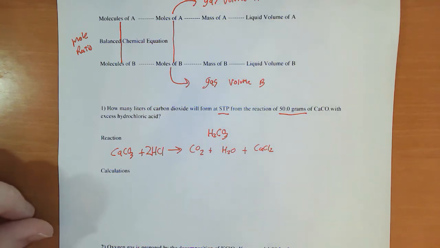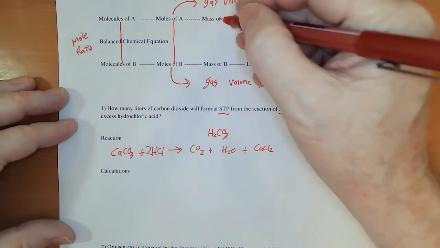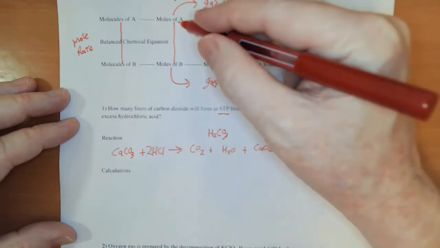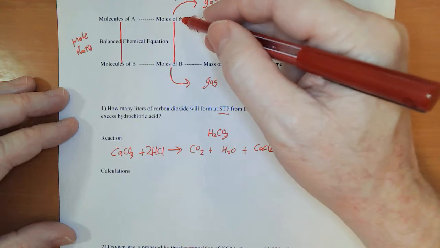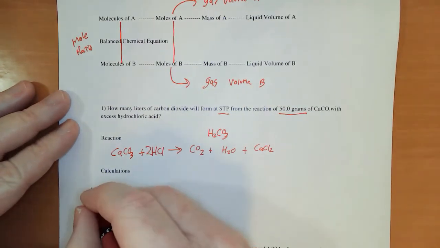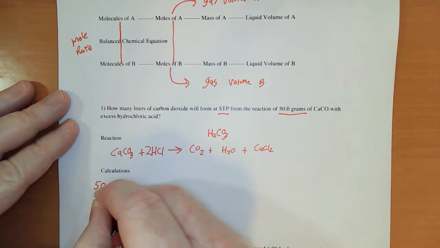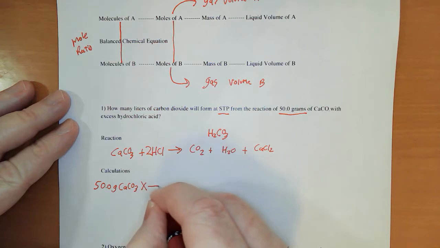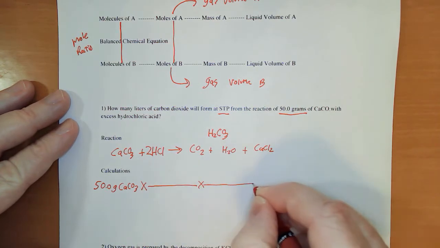So where am I? I'm on the mass of A, 50 grams of calcium carbonate. I'm going to go mass A to moles of A, then I'll go moles of A to moles of B, out to gas volume of B. So 50.0 grams CaCO3 times.